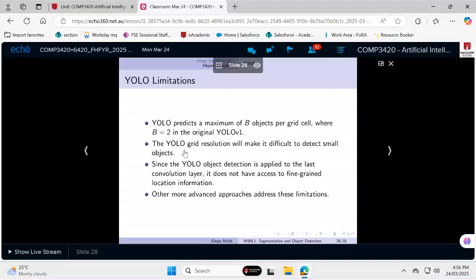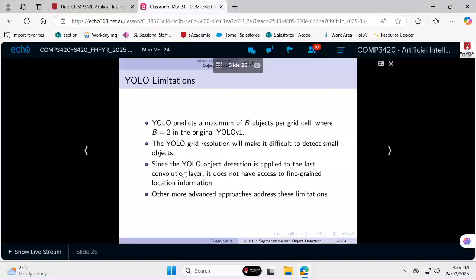Also, this is a very coarse resolution, 7 times 7, so it will make it hard to detect small objects because we'll lose a lot of the information. We apply all these convolutions, and then the small objects are kind of lost in the information of the image.